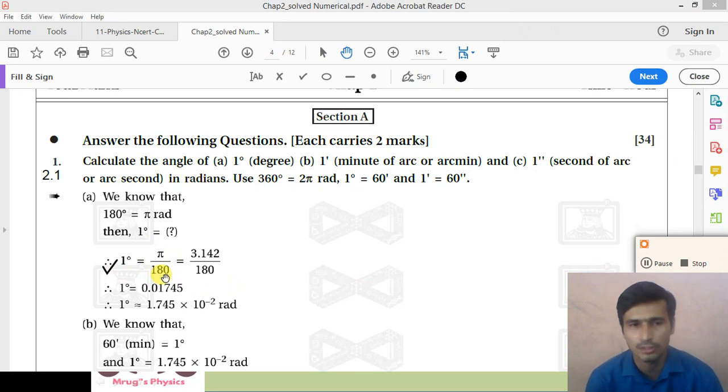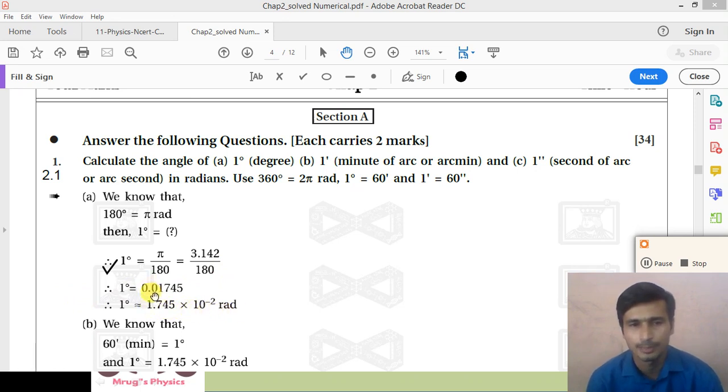So what is the value of pi? We put the value of pi as 3.14 divided by 180. We get 1 degree is equal to 0.01745 radian, or scientifically we can write 1 degree is equal to 1.745 into 10 raised to minus 2 radian.